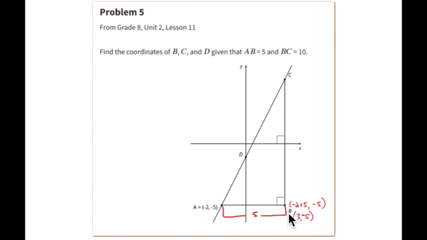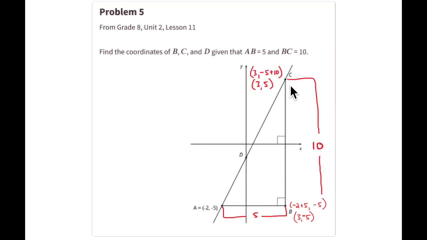So now we're going to move up to C. And notice that the x-coordinate now is going to be the same. So this is 3 units for B. And for C, the x-coordinate is going to be 3 units. Now we just have to figure out the y-coordinate. How far is it going up from this x-axis, in the vertical direction, to get to point C? Well, we know that this whole length is 10 units.